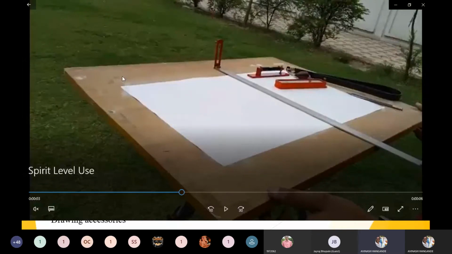So we have to place this spirit level in these two directions, in these corners, so that our bubble tube comes into the center, and that helps us to level our plane table survey. So that is the use of this spirit level or bubble tube, we may say that.